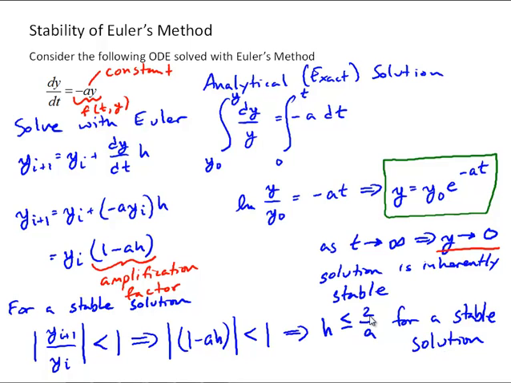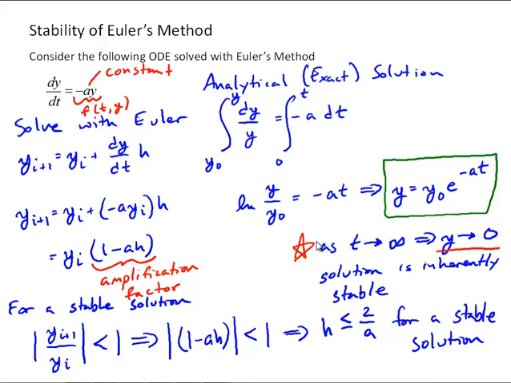If h was greater than 2 over a, then y_(i+1) would be greater than y_i, and our numerical solution would be growing in time, and that would be because of the errors, as opposed to a solution that is decreasing with time, as we know from our analytical solution that it should be.